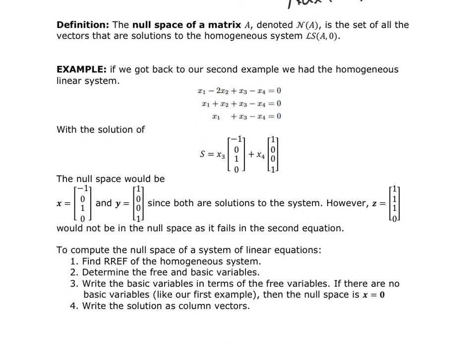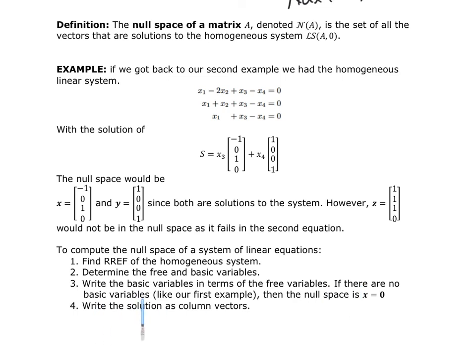So the first thing you want to do to find the null space, if it's a homogeneous system, is row reduce just the coefficient matrix. Again, we don't need to augment it because all of the constants are 0. Then you determine if there are any free or basic variables. And then you write the basic variables in terms of the free variables, like we did in the previous example.